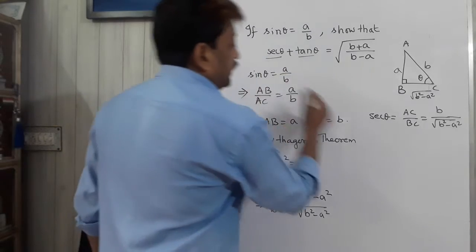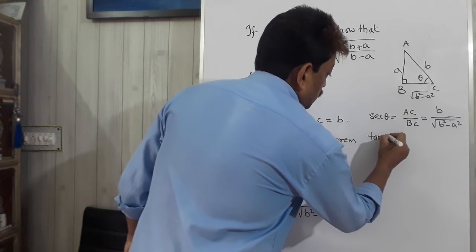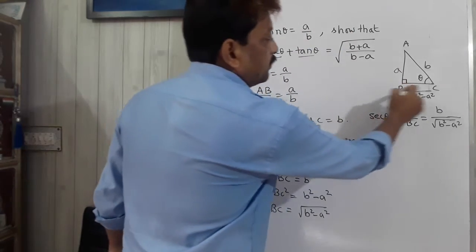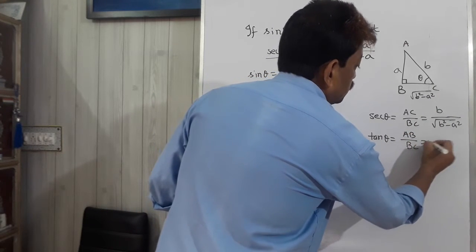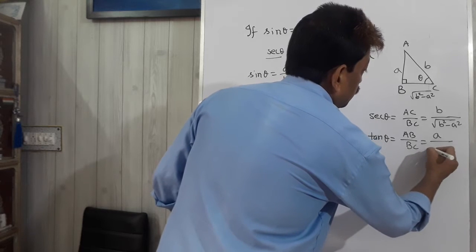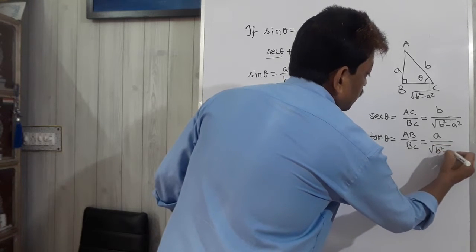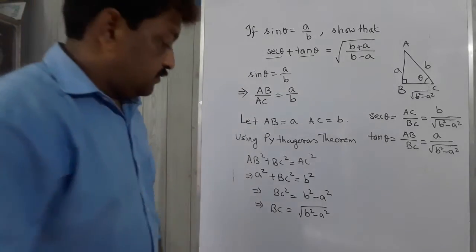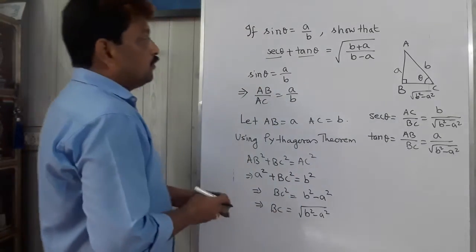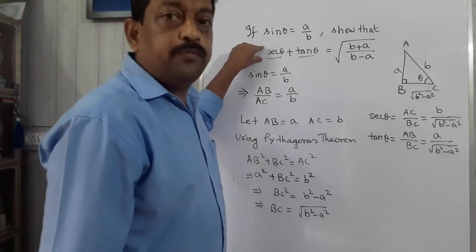Tan theta is perpendicular upon base, that is AB upon BC, so it will be a upon root over b square minus a square. Is it clear? Okay.